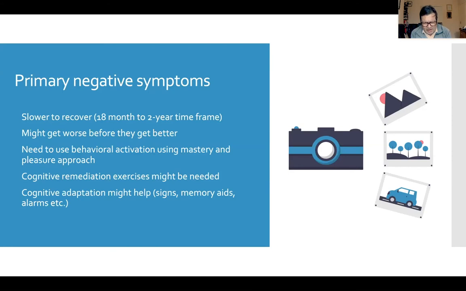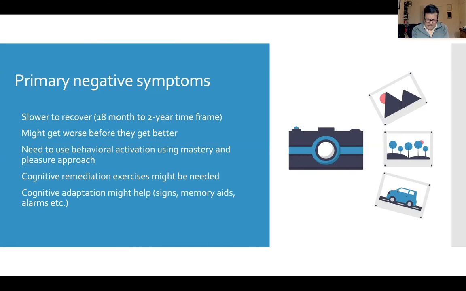We're going to start to try and do some behavioral activation. So we're going to be explaining that we're all doing something all of the time. The question is, are we feeling that we're succeeding? And are we feeling that there's any pleasure in it?